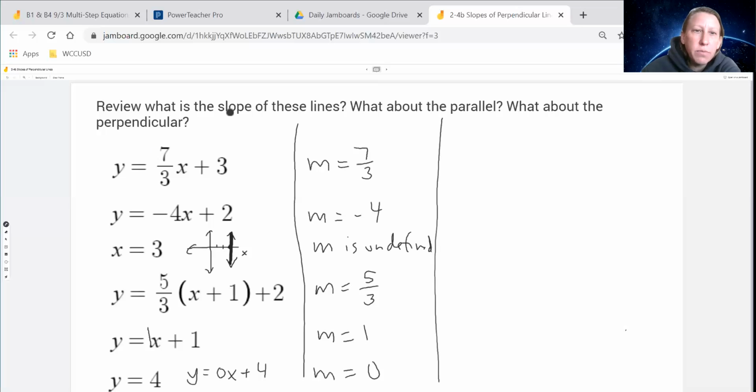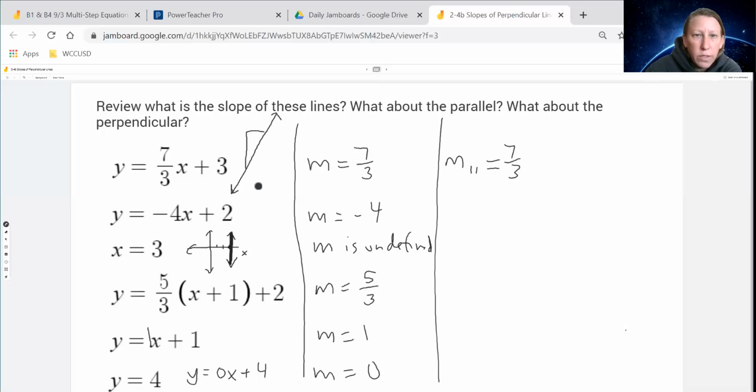Okay, let's review yesterday. So this line is pretty steep. It goes up 7 and then right 3. This is the steepness of this line. Really steep. Okay. Question is, what's the slope of a parallel? It's also going to be up 7, right 3. So the parallel line is also going to have the same slope. How about this line?